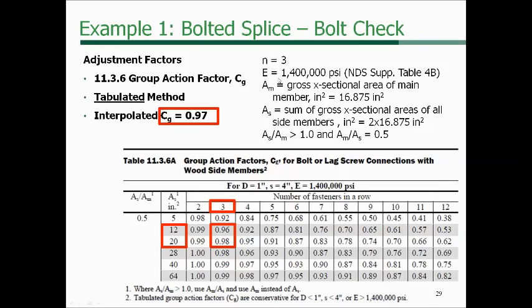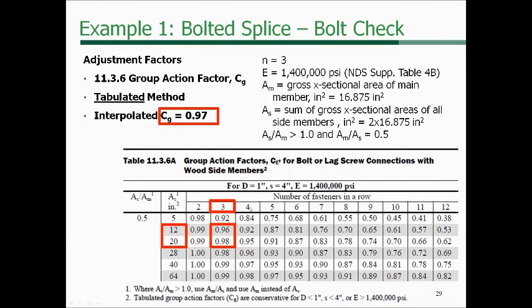And based on the E value, the modulus of elasticity of the wood member, and then the gross cross-sectional areas of the main and side members, you come into this table and you actually end up interpolating 0.97, which is exactly what we calculated with the calculation method. So again, you can program the equation, but the table's here and allows you to pull those values out of a table.